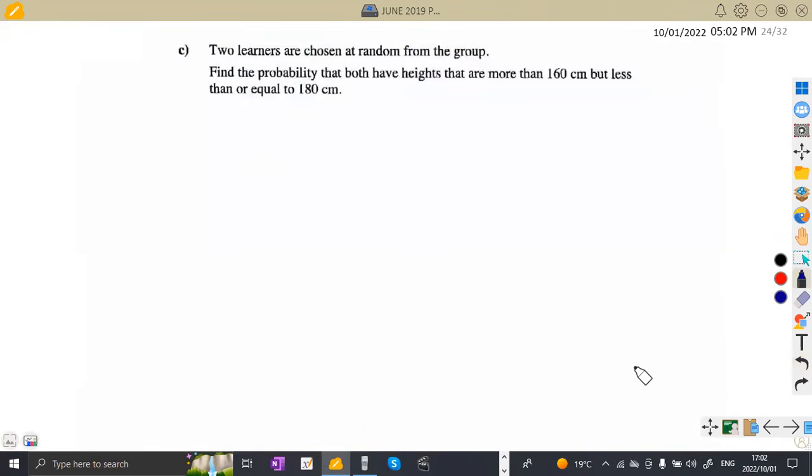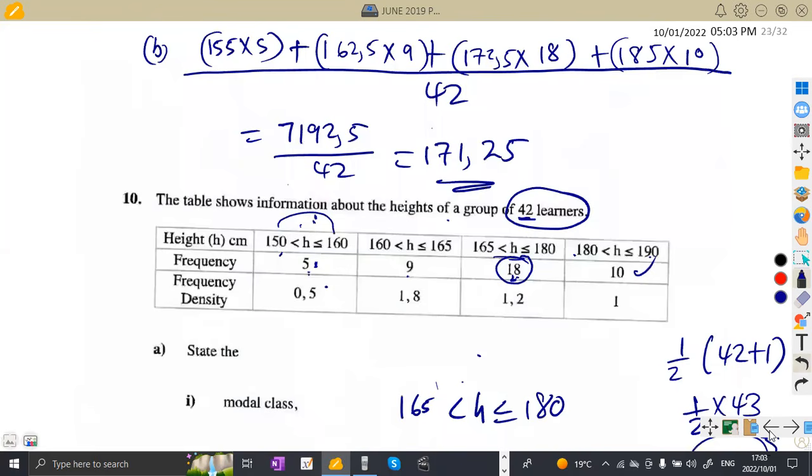Okay, anyways, the C part, we are now given that there are two learners which were chosen at random from the group. Find the probability that both have heights that are more than 160, but less than or equal to 180. Okay, let's go to the bar diagram.